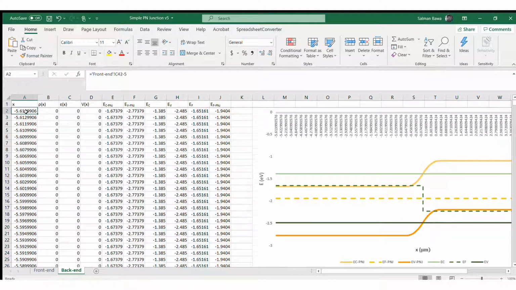Given also that the value of x increments with 0.001.